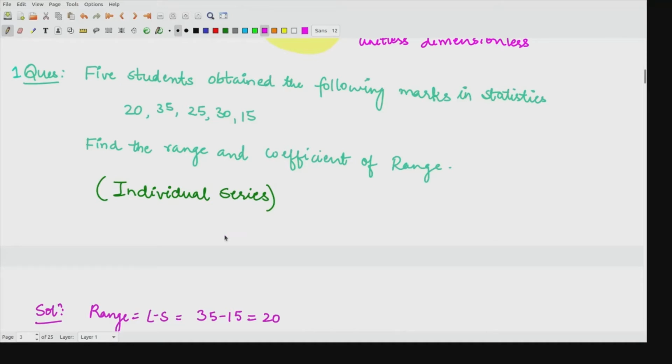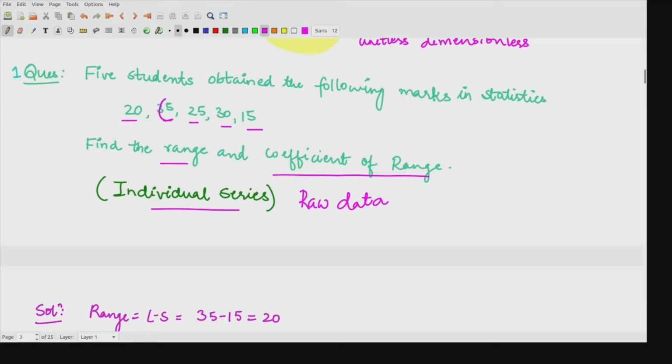The example says we have 5 students whose marks in statistics are 20, 35, 25, 30 and 15. We are asked to find the range and the coefficient of range. So now what kind of series is this? This is individual series or the raw data that is given to you. So now here what would be L? L would be the largest value.